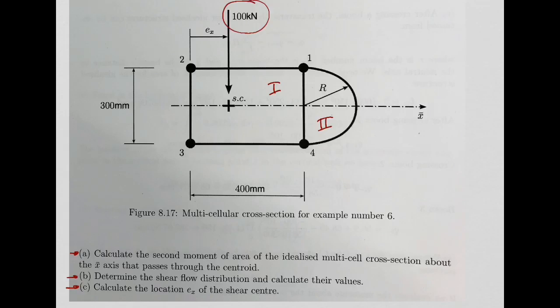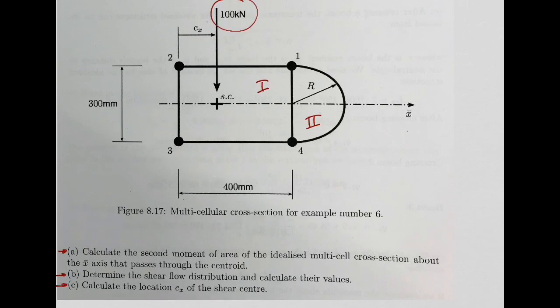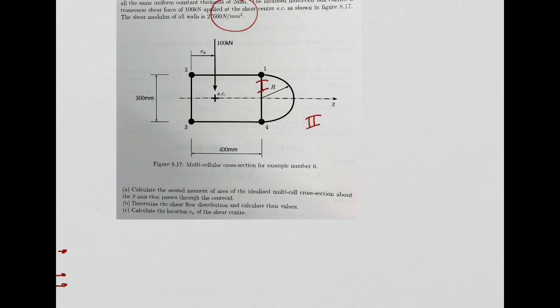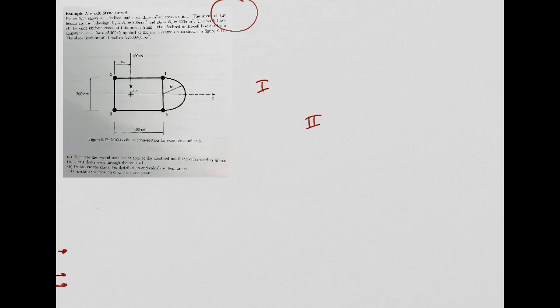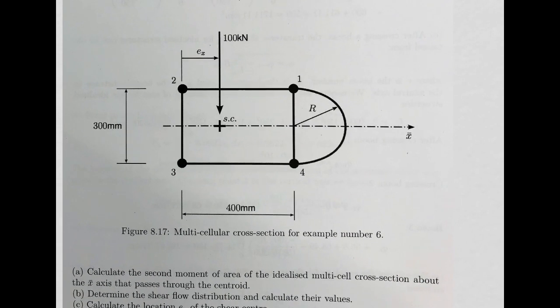Okay, so the first thing we need to do in this example is, let me scale this back. We need to define an initial orientation for our shear flows. So for example, let's say we define something like this. This is my shear flow Q0. Then it will cross boom 1. It will go this way. Let's call this shear flow Q1.